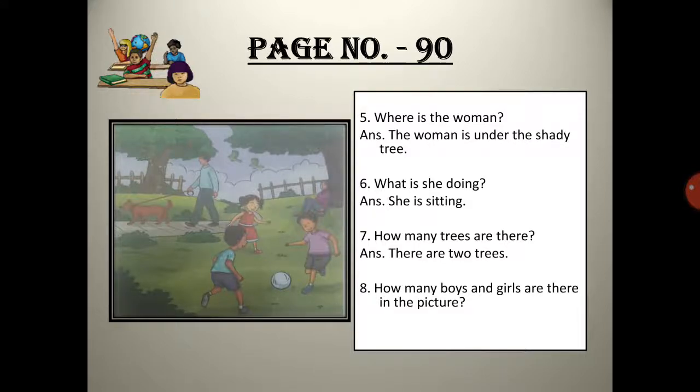Now you have to count the number of boys and the number of girls. 2 boys are there, 1, 2, and 1 girl is there. Only 1 girl is there. So the answer will be, there are 2 boys and 1 girl in the picture. So it is very easy. Now I think you have understood how to do picture composition.